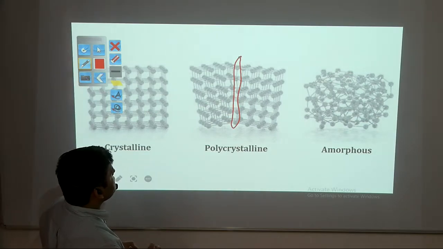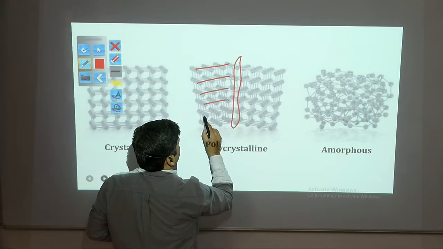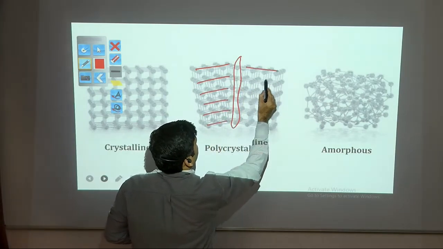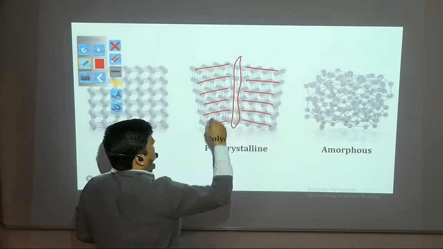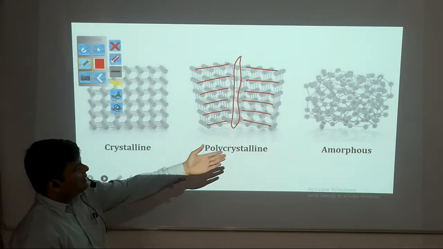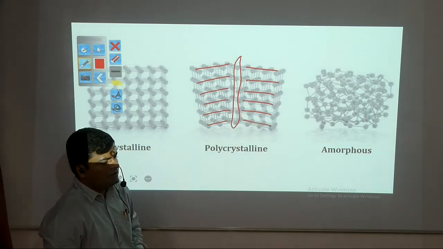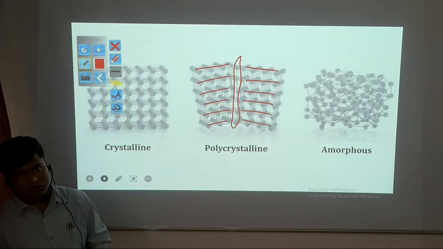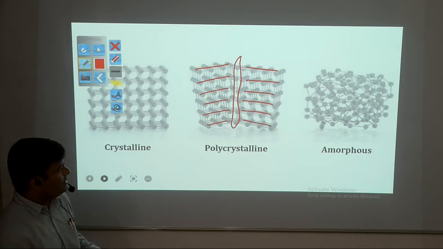This is the regular arrangement, this is the regular arrangement, and this regular arrangement has been interrupted over this grain boundary region. So this is called polycrystalline, and in the amorphous state of the solid, we can clearly see that the atoms or the constituent particles are arranged irregularly.